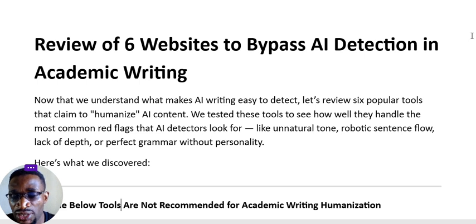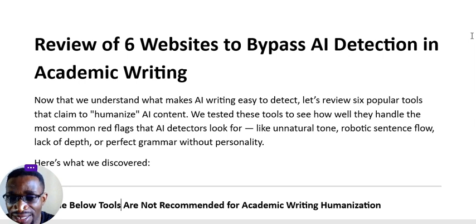It's no more a research work. It's no more an academic writing. It's something else. Now that we have understood what makes AI writing easy to detect as above, let's review 6 popular tools that claim to humanize AI content.